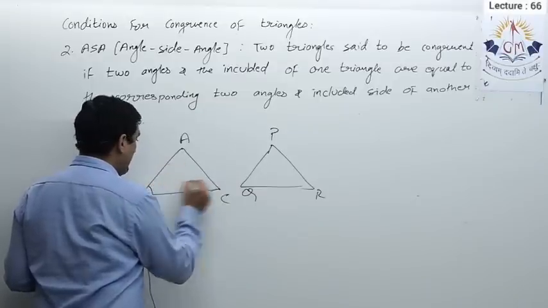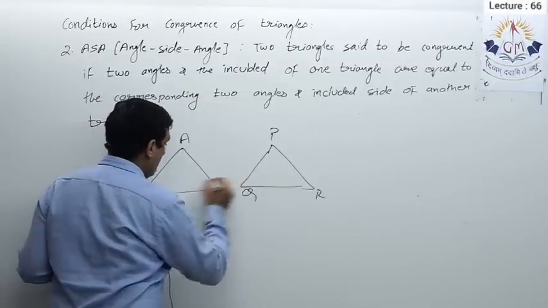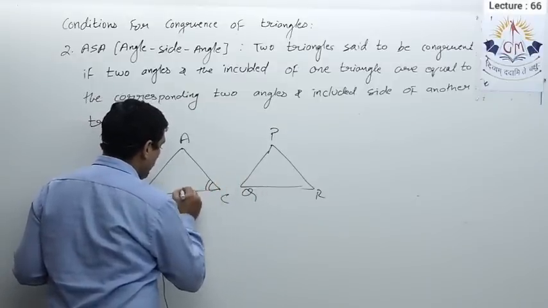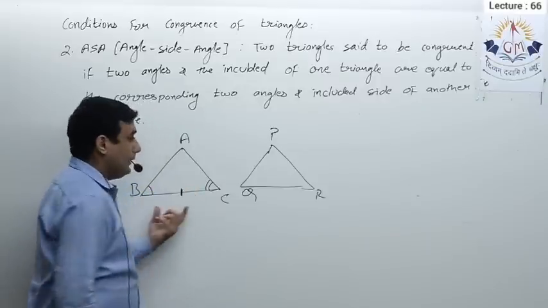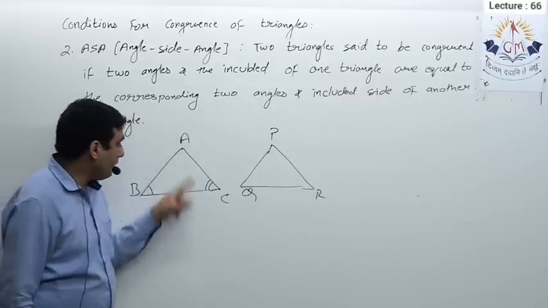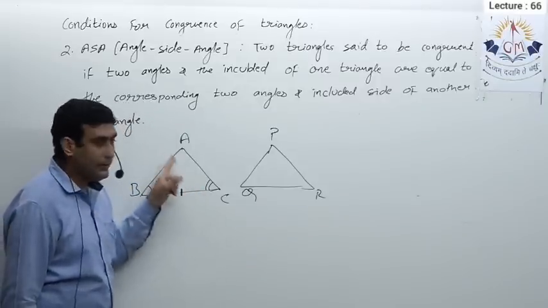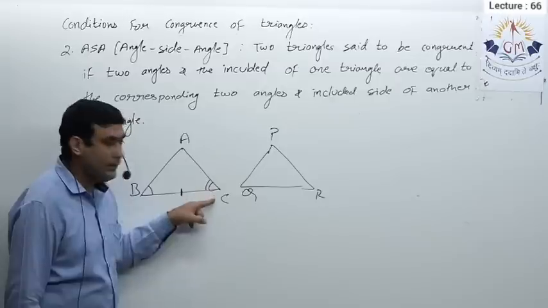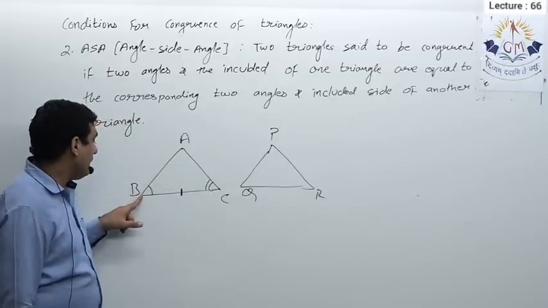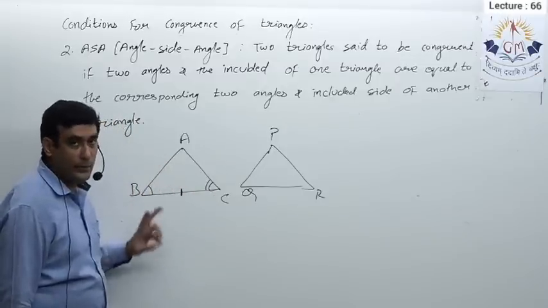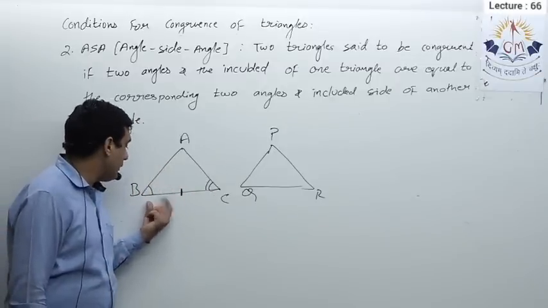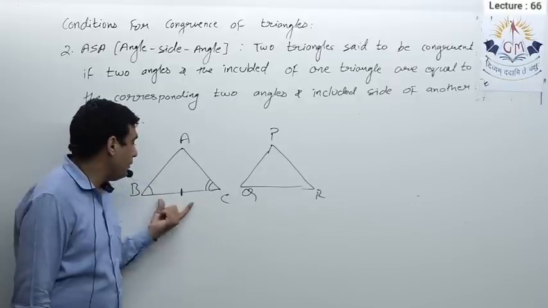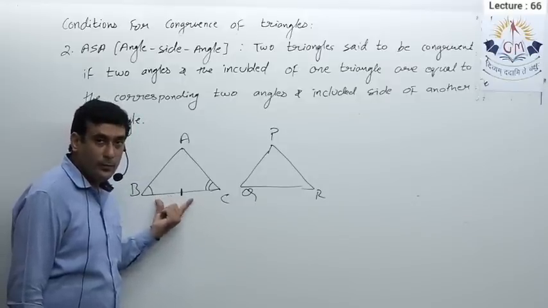So if I take angle B and angle C and the included side. Now this is the included side between B and C. AC is the side included between A and C. AB is the side included between A and B. So as I took the angles B and C, the included side will be considered as BC.